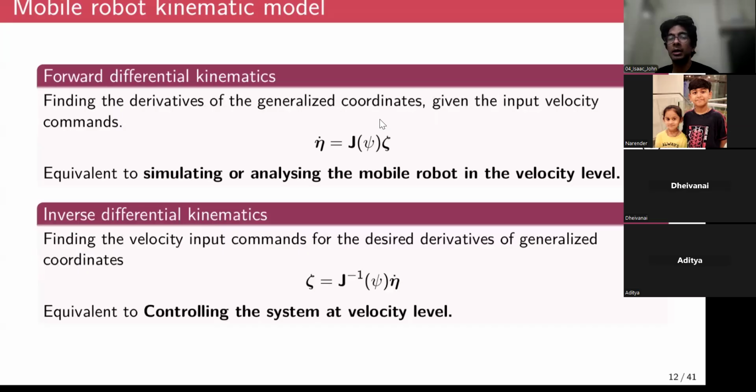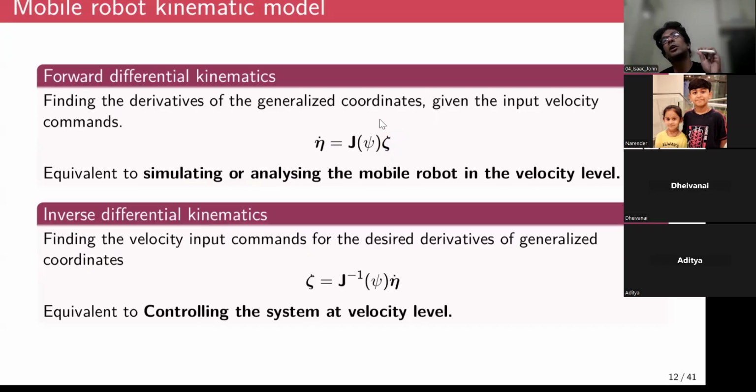In this problem, we give u v r inputs to the robot, and then we observe how the robot moves in its environment, right? This process is equivalent to simulating or analyzing the mobile robot at velocity level.